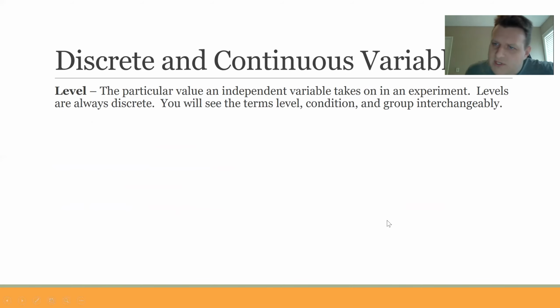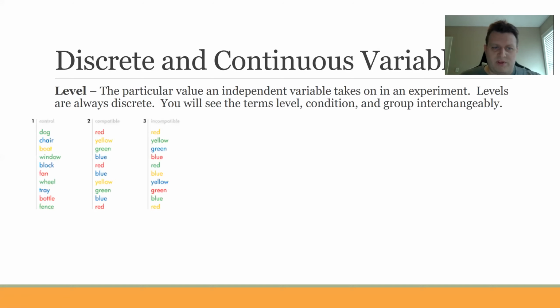Something that's important for us to note, and it's going to be important for us later on, a term that I've used is level. When we talk about an independent variable, it has different levels to it. Now, it might just be 2. It might be you're in the experimental condition or you're in the control condition. All right, but it could be something else.